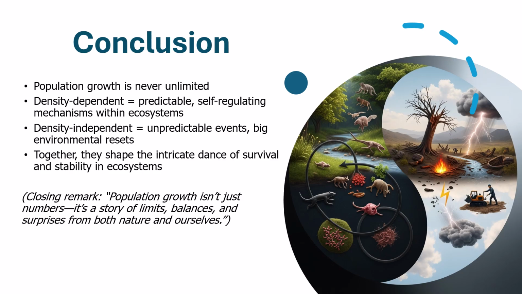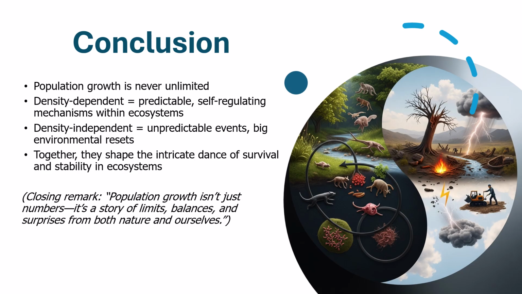In conclusion, population growth is shaped by two powerful categories of limits. Density-dependent factors like competition, predation, disease, parasitism, and stress act as a predictable, gradual regulator. They prevent populations from overshooting resources. Density-independent factors such as disasters, weather extremes, and human interventions strike indiscriminately, often causing sudden resets.